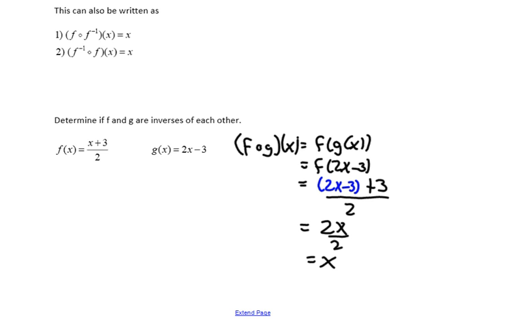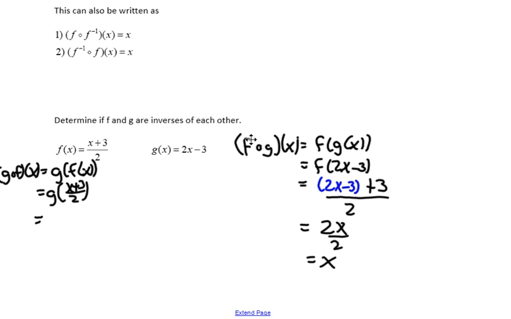Now, that's only one direction. So now I'm going to do the composition g of f of x, and f of x is x plus 3 divided by 2. So I'm going to go into the g function now.